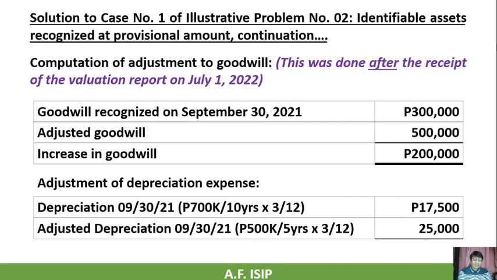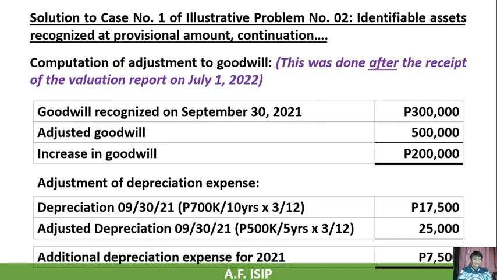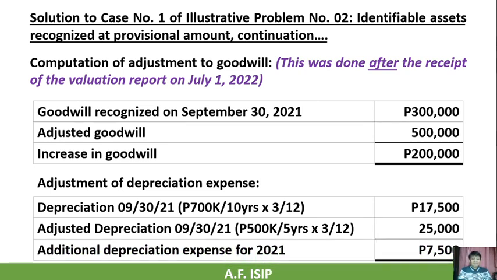So we compare the depreciation computed based on the 500,000 and the depreciation computed based on 700,000. So we have an additional depreciation expense for 2021 of 7,500 pesos because of that change in amount of the building and also change in the number of years of estimated life.